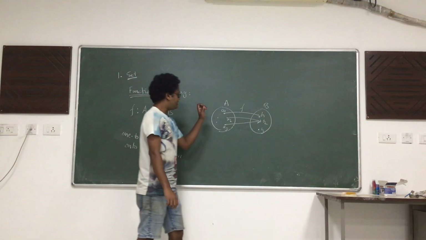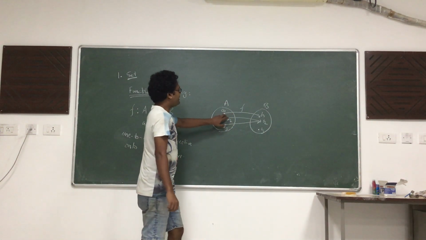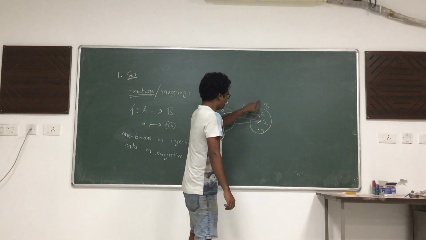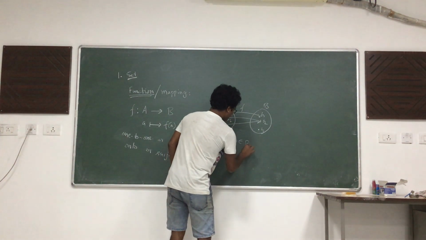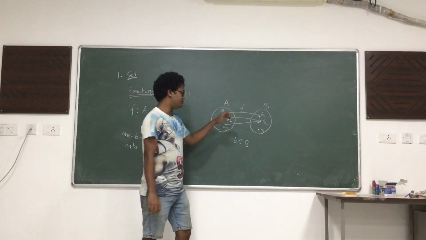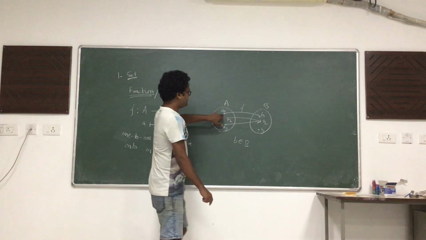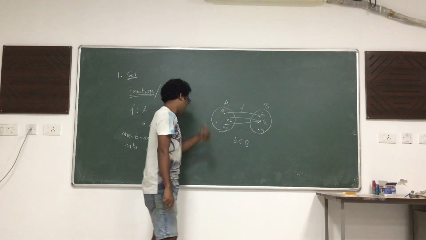So one-to-one means that if some b belongs to B, it does not have two or more pre-images. One element points to one element, and that element does not point back to some other element.